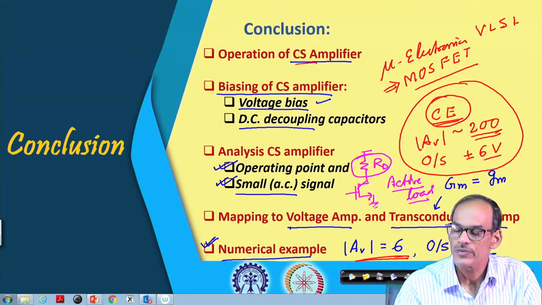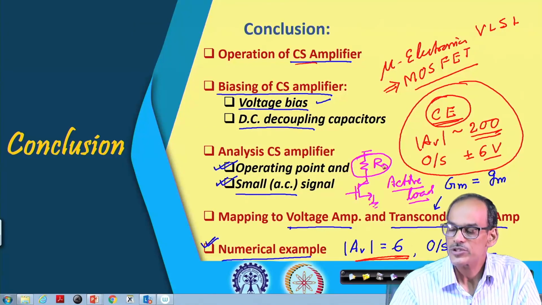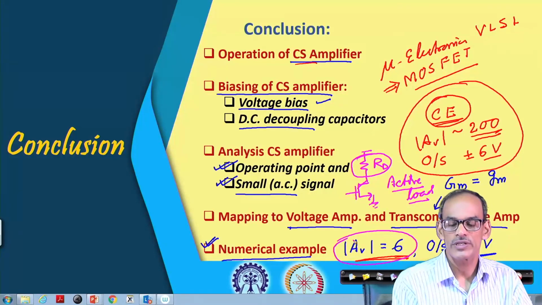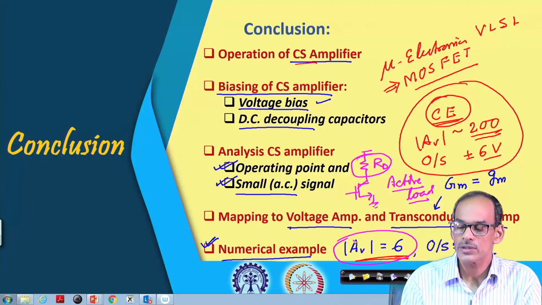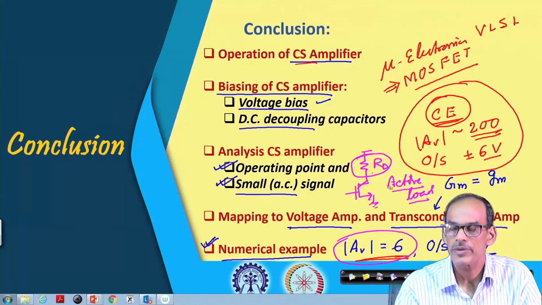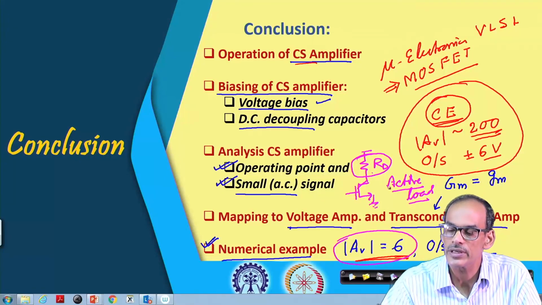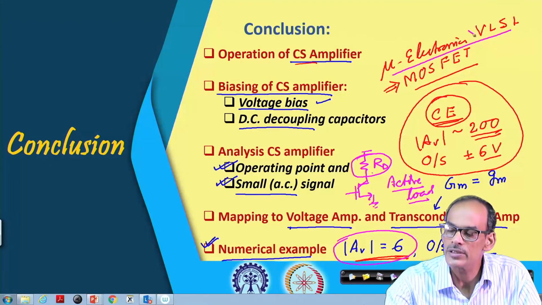If we successfully replace this, there is a possibility of improving the gain, and practically that is what is done. So, down the line, whenever the situation permits, we will replace this passive load by an active load.